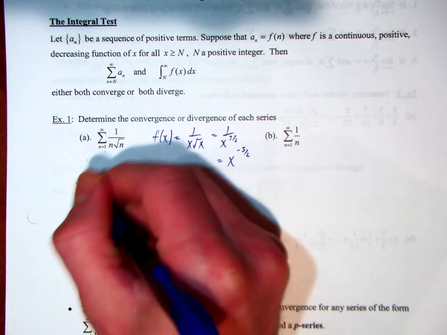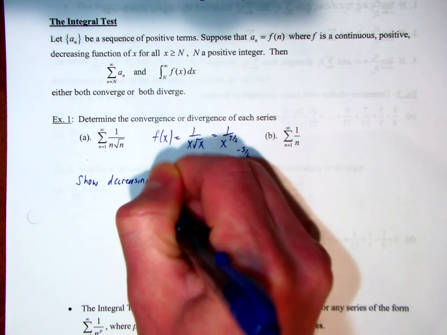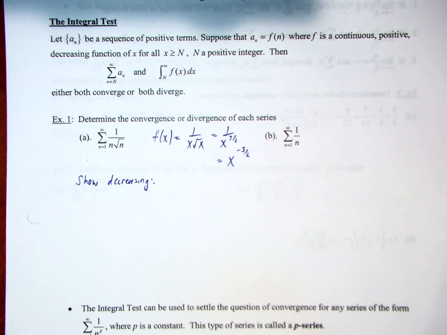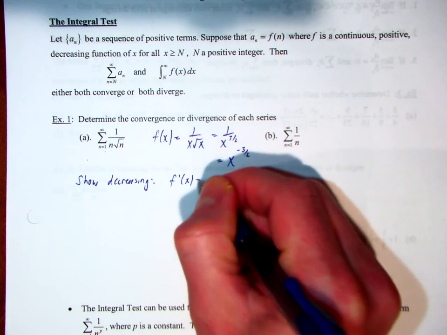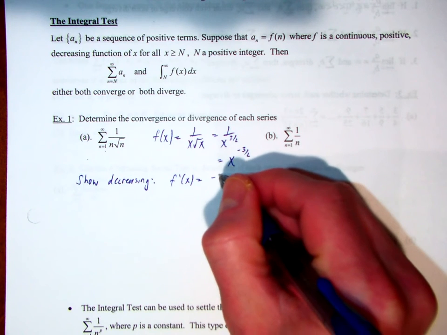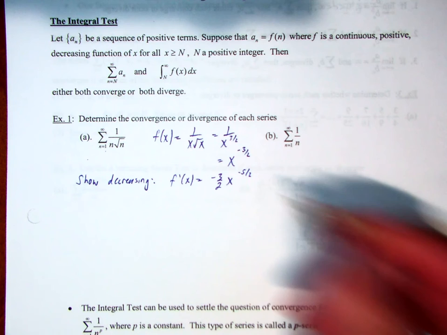Okay. And how do I show that a function is decreasing? If you show its derivative is negative, right? We know that from last year. If the first derivative of a function is negative, that function is decreasing on the interval. So let me go ahead and quickly take the derivative. That would be negative 3 halves x to the negative 5 halves, right?